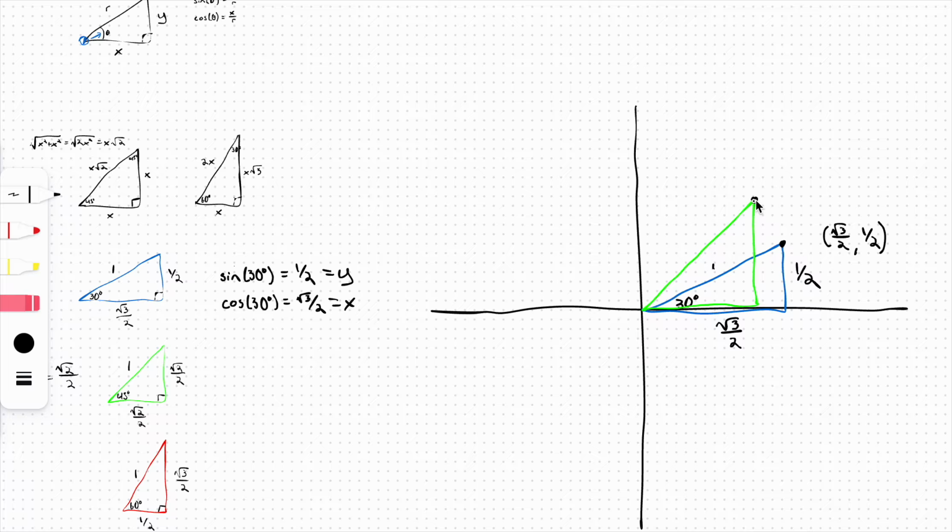But essentially, this point that we end at, we go over root 2 over 2 in the x direction. So I'm going to say our x coordinate is root 2 over 2. And our y coordinate is also going to be root 2 over 2. Because this side of our triangle is equal to root 2 over 2, right? So this is our x, and this x is equal to root 2 over 2. This is our y, and that's also equal to root 2 over 2. Okay, perfect.